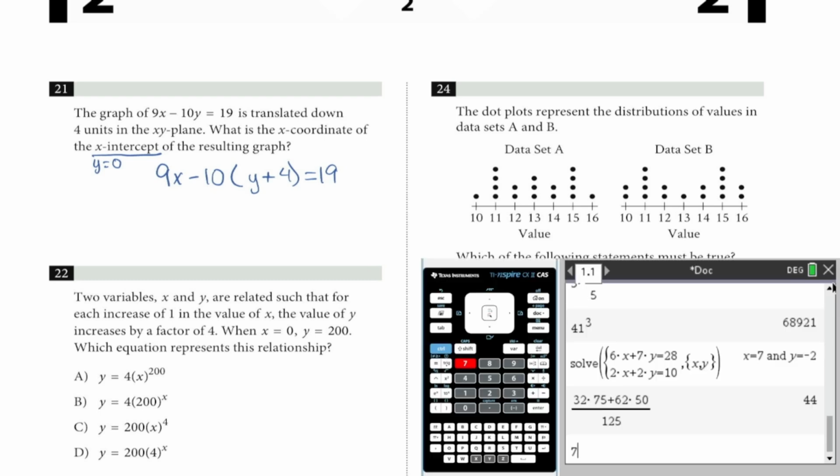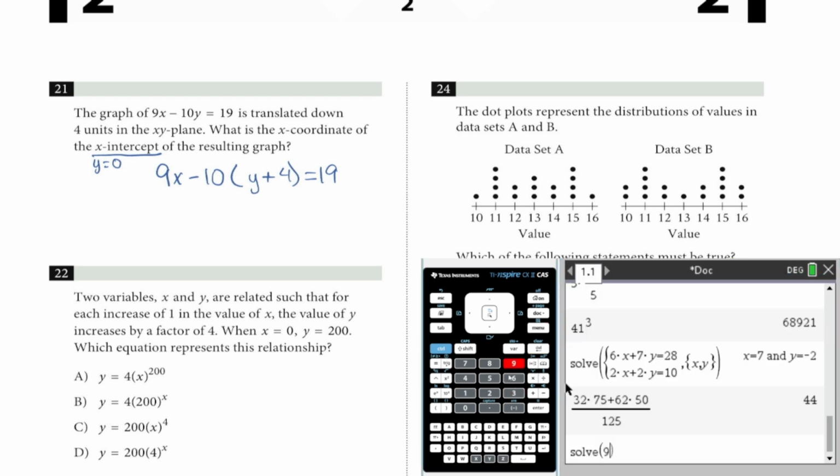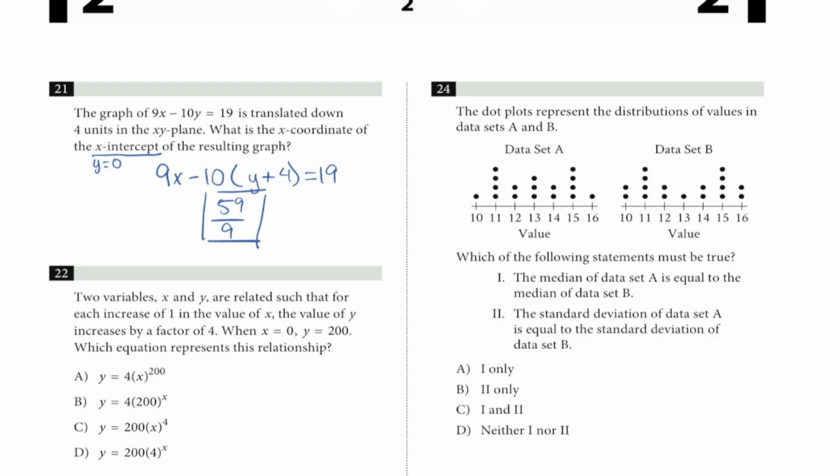So I can pull up the calculator, and I'm going to do menu 3-1, and I'm going to type in my equation, 9x minus 10, parentheses, y plus 4, but we know y should be 0, so I'm going to put 0 plus 4 equals 19, comma, x, so 59 over 9. Because remember, x-intercept means find the value of x when y is 0.